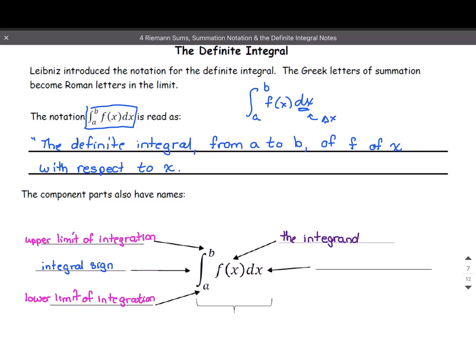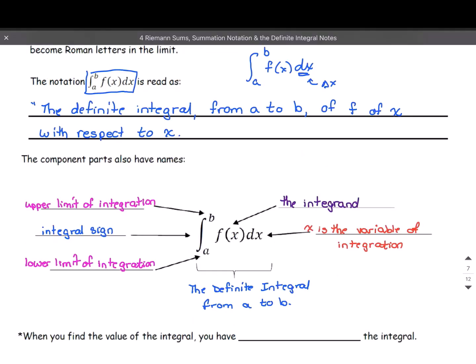And then the dx is telling us that x is the variable of integration. And the whole thing together is the definite integral from a to b. And when you find the value of the integral, you have evaluated the integral, okay?